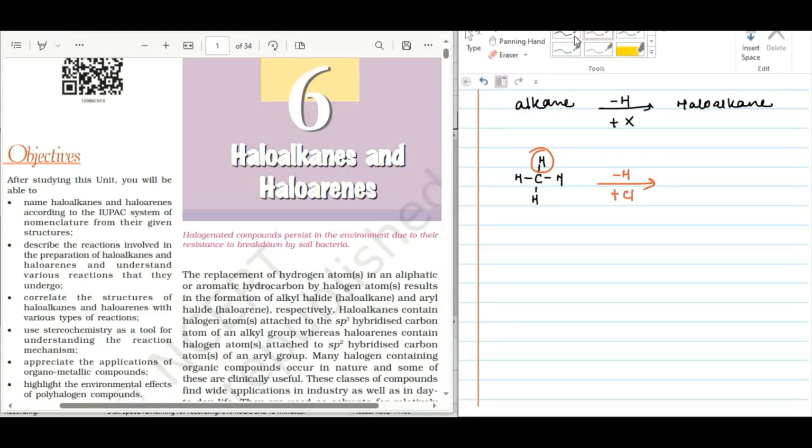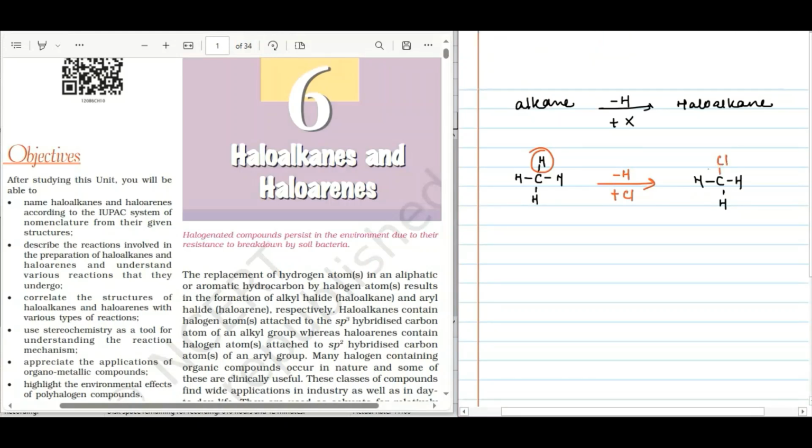So here I will get carbon bonded to 3 hydrogen, and one of the hydrogen is replaced with chlorine. CH4 is methane, and when you replace one of the hydrogen in methane with chlorine, you will get chloromethane. Chloromethane is the haloalkane.